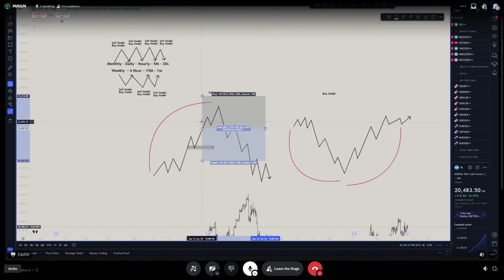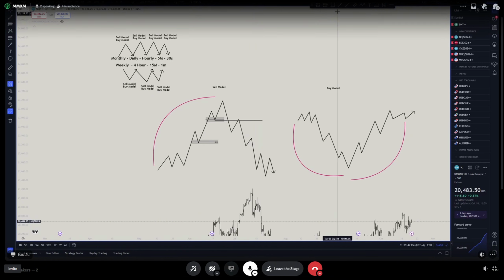You're going to see a whole bunch of other PD arrays, and you're going to assume these are eventually going to get inverse. Not only are you going to see these PD arrays here, you're also going to be seeing forms of liquidity, like liquidity here, and your original consolidation liquidity down here, right? This liquidity here, and then your original consolidation liquidity here.